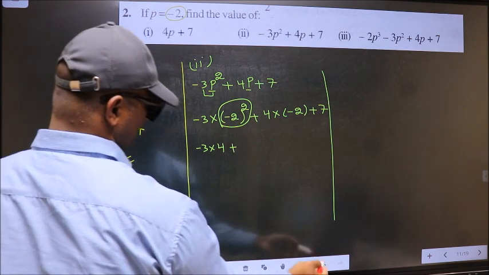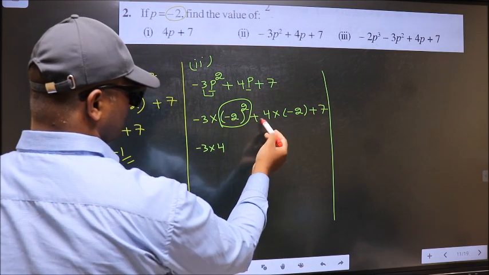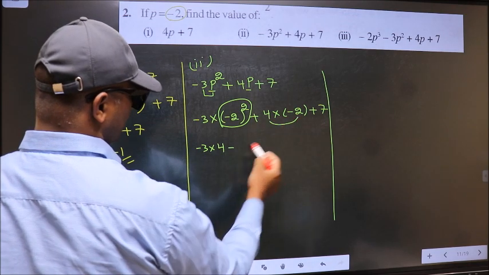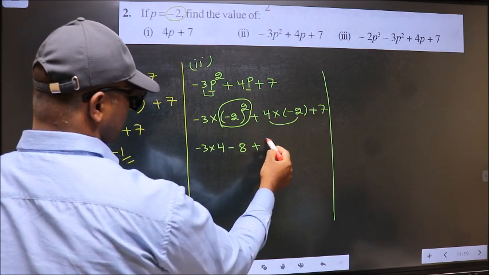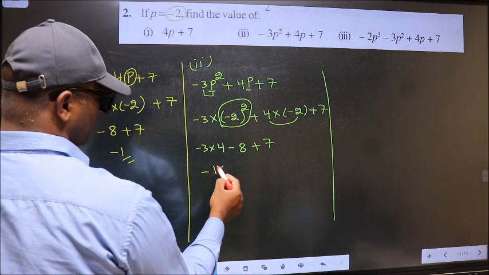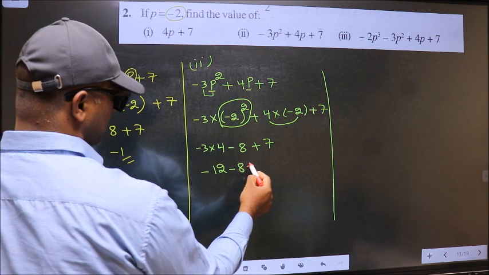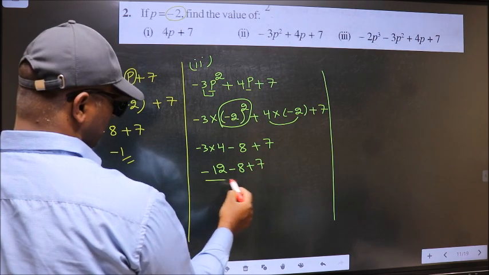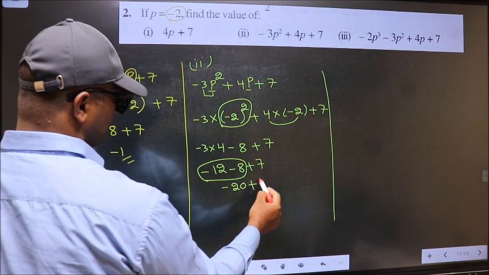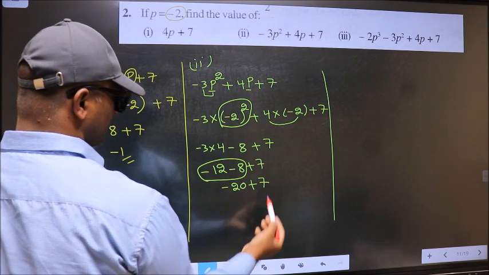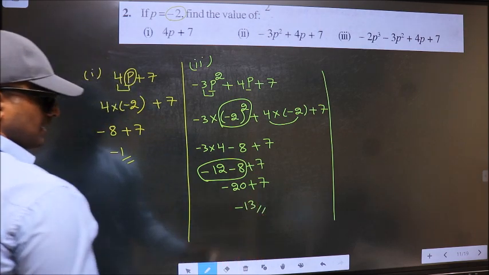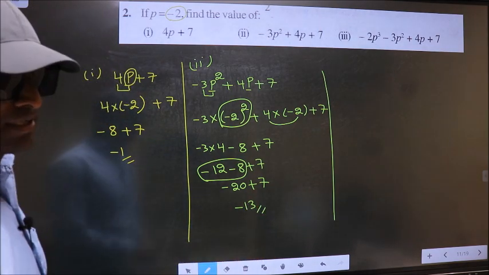Plus into minus, minus 4 into 2, 8, plus 7. Now minus 3 into 4 is minus 12 minus 8 plus 7. Minus 12 minus 8 is minus 20 plus 7. Minus 20 plus 7 is minus 13. This is our answer for the second bit.